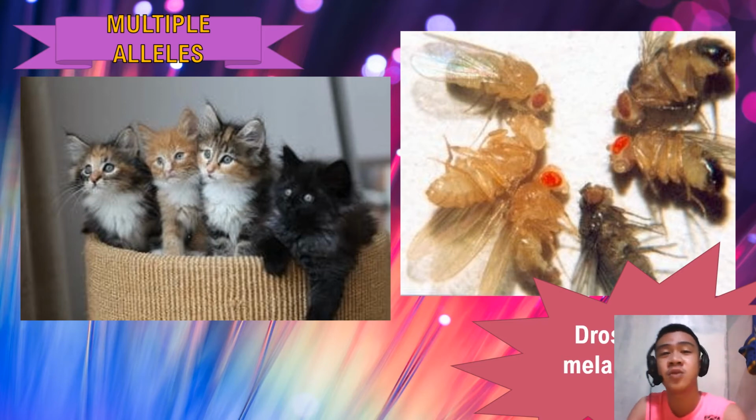Each gene controls a different aspect of a fly and is subject to mutation and new alleles arising. So in the picture, all the flies are the same species, known as Drosophila melanogaster. The variation seen between the flies is caused by multiple alleles in different genes.